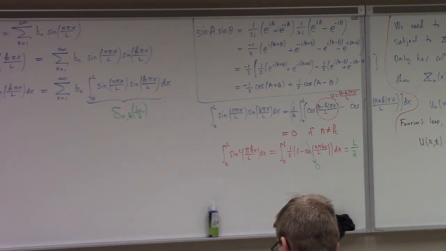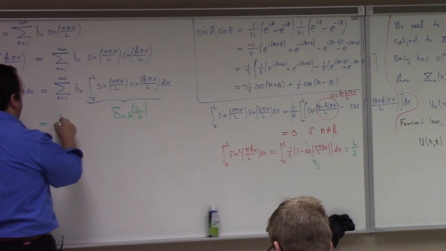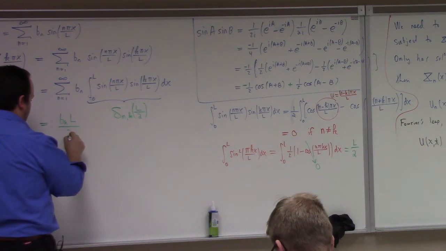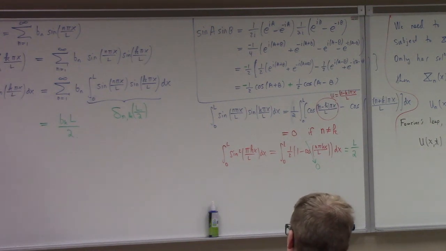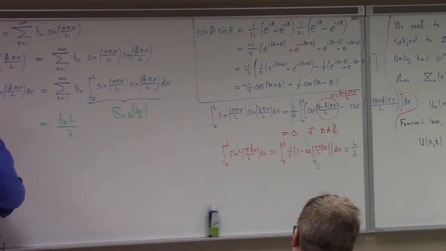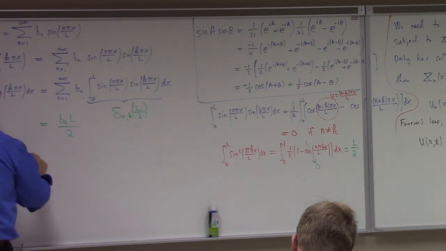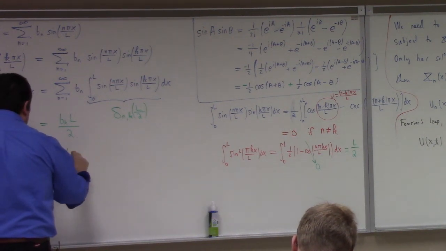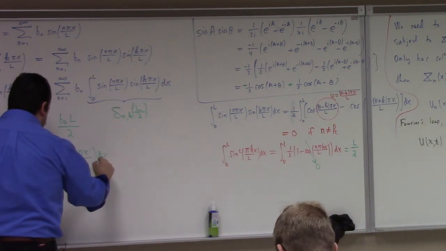But what does that mean? That means that this infinite series is just what? B sub k times L divided by 2. Whoa. So B sub k is actually equal to 2 over L, the integral from 0 to L of f of x times the sine of k pi x over L dx.